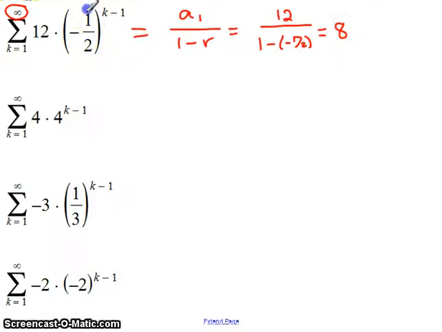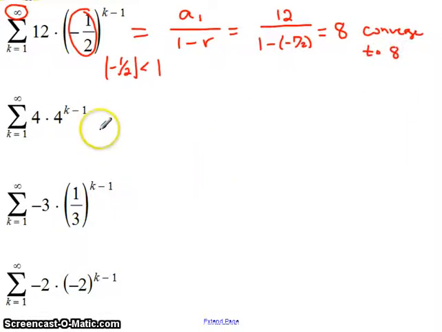Now notice that r is less in magnitude than 1. The absolute value of negative 1/2 is positive 1/2, and that is less than 1. So we would expect this to converge to 8.